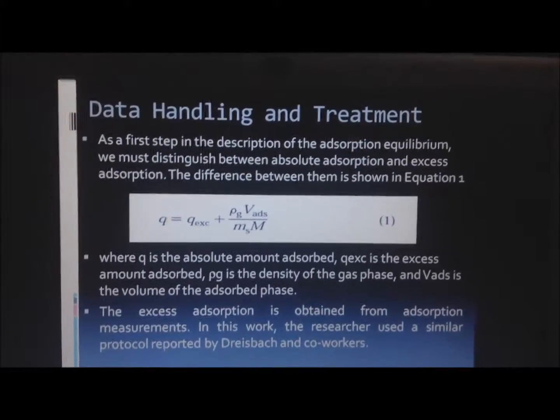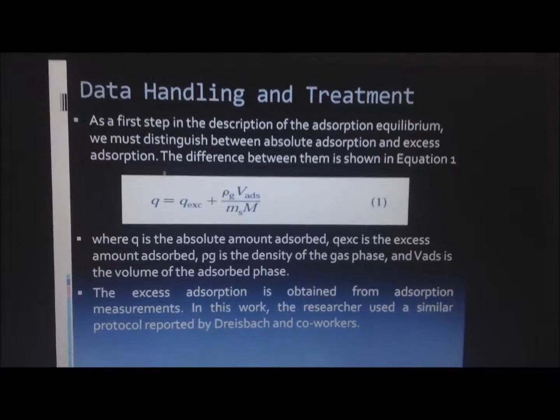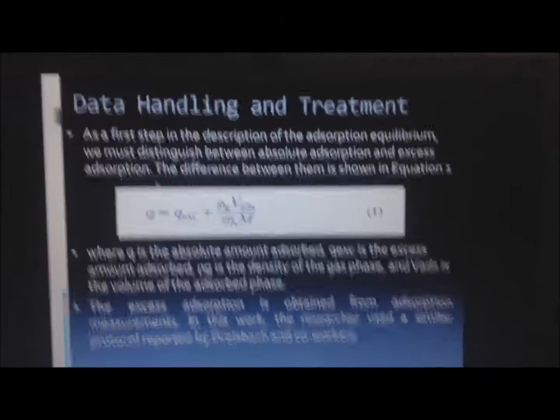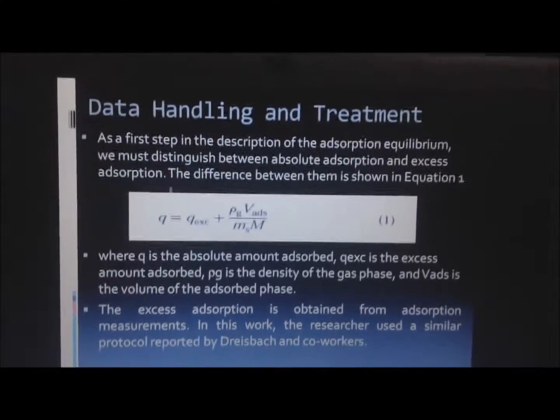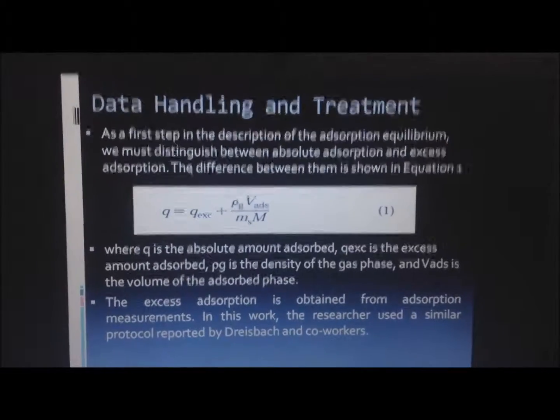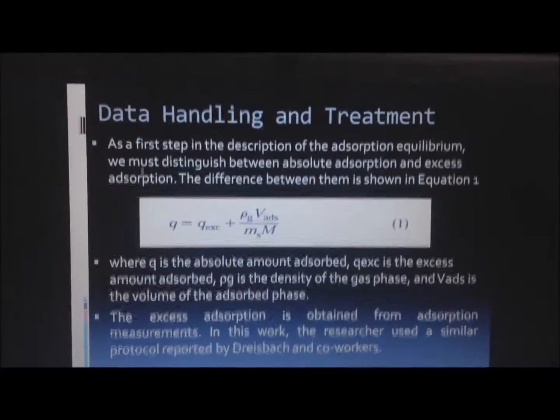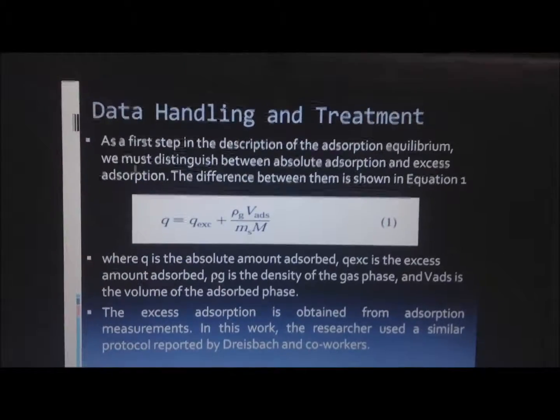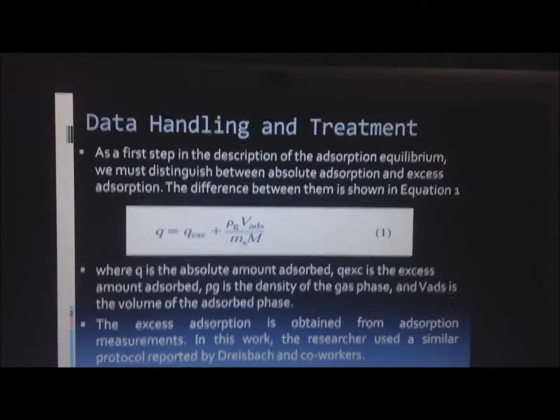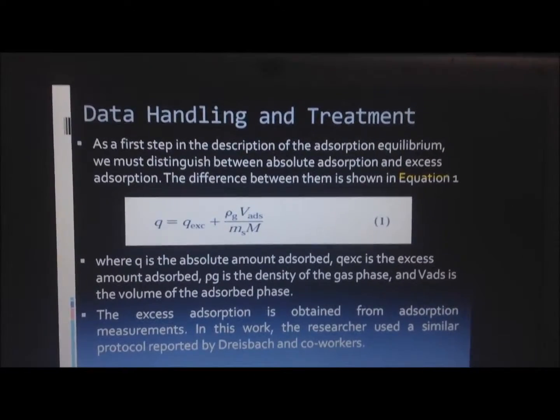For the data handling and treatment, we will show several equations that were used by the researcher. As a first step in the description of the adsorption equilibrium, we must distinguish between absolute adsorption and excess adsorption. The difference between them is shown in equation 1.